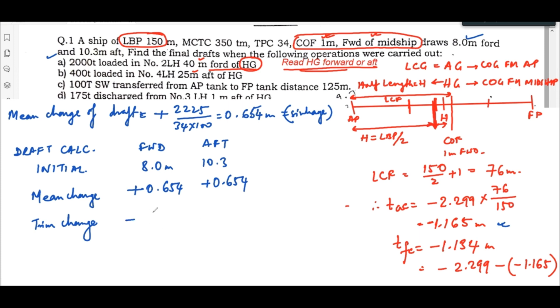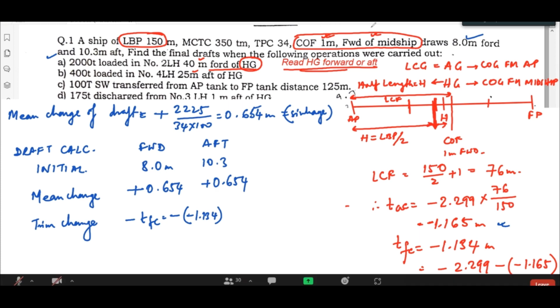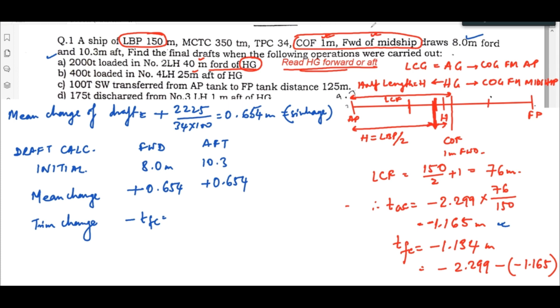Yeah, minus TFC, that is equal to minus of minus 1.134. And this is going to be minus of minus 1.134.